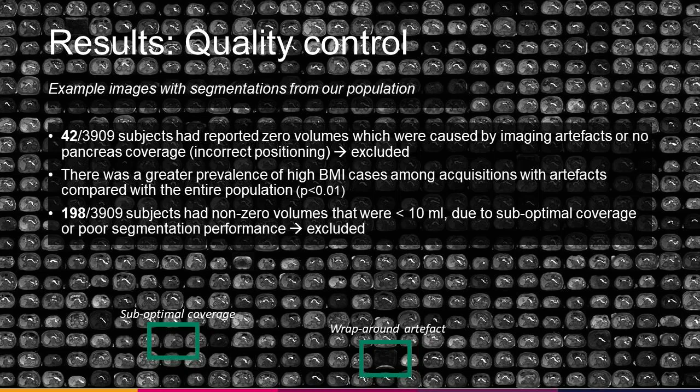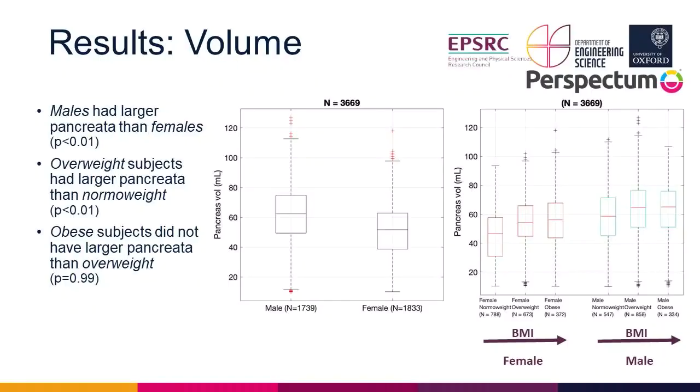These were excluded from posterior analyses. Volume measurements allowed relative comparisons between groups of subjects. We saw that males had larger pancreas than females, consistent with previous work. We saw that overweight subjects had larger pancreas than normal weight, and that obese subjects did not have larger pancreas than the overweight population.